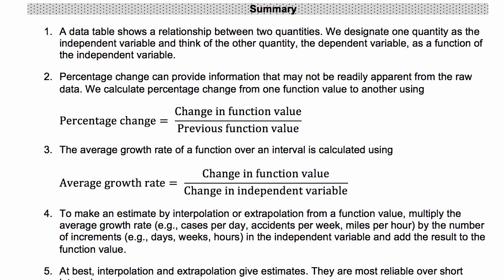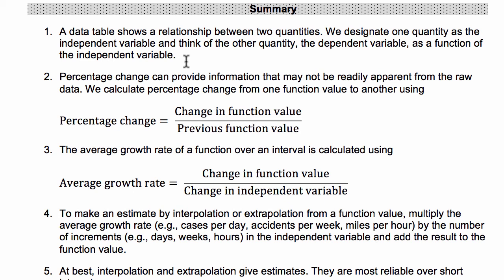Summary. 1. A data table shows a relationship between two quantities. We designate one quantity as the independent variable. If time is involved, the independent variable is almost definitely time. And think of the other quantity, the dependent variable, as a function of the independent variable. 2.